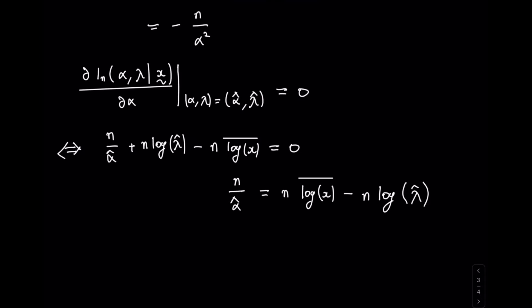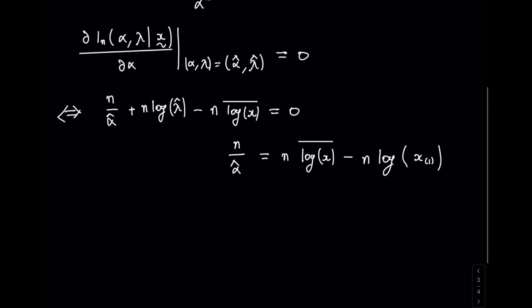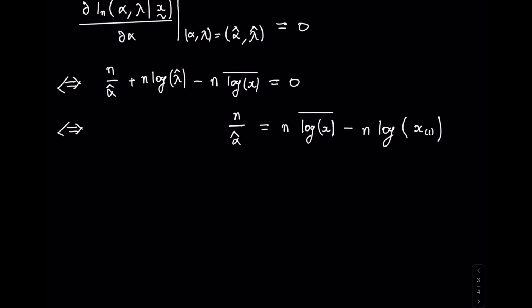So lambda hat I'm going to replace instead with x subscript 1. And then we've got just one extra line of simplification here. That becomes alpha hat is equal to, rearranging the equation, move the alpha to that side, divide both sides by the component that's not dependent on alpha, and that gives us n on n log x bar minus n log x1.